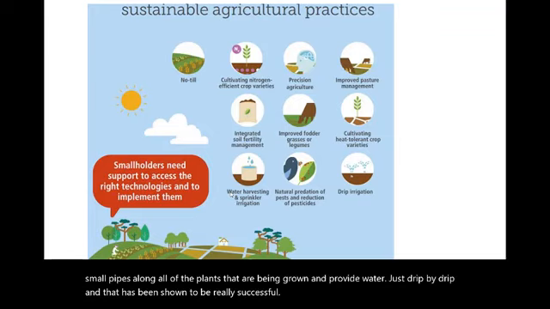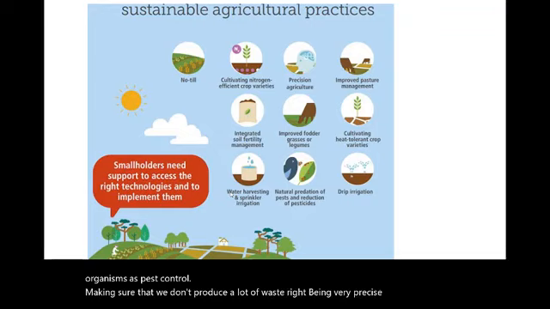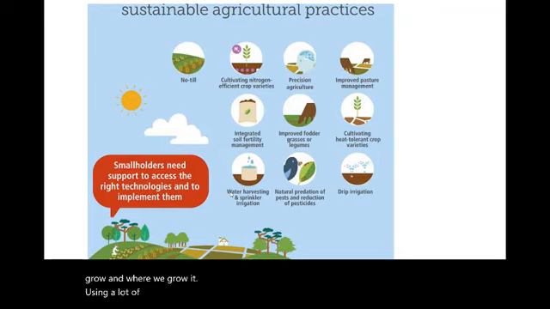Improving the fertility of the soil, right? Using naturally occurring organisms as pest control, making sure that we don't produce a lot of waste, being very precise about what we grow and where we grow it, and using heat tolerant crops so that you don't need to use as much water.